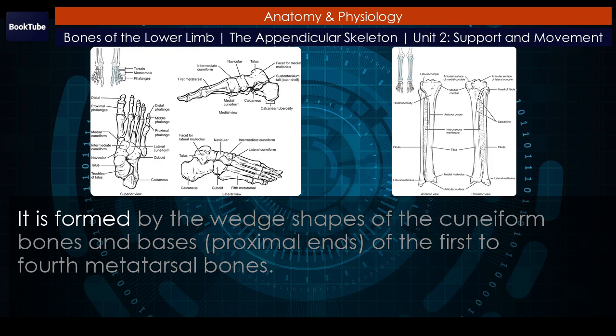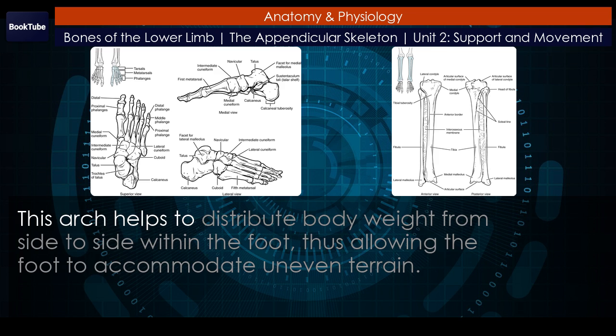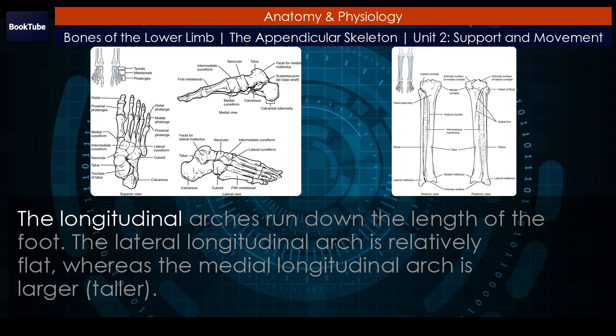It is formed by the wedge shapes of the cuneiform bones and the bases, proximal ends, of the first to fourth metatarsal bones. This arch helps to distribute body weight from side to side within the foot, thus allowing the foot to accommodate uneven terrain. The longitudinal arches run down the length of the foot.